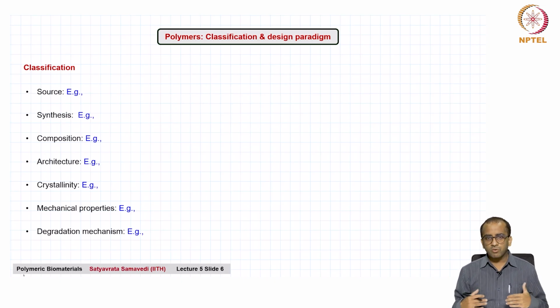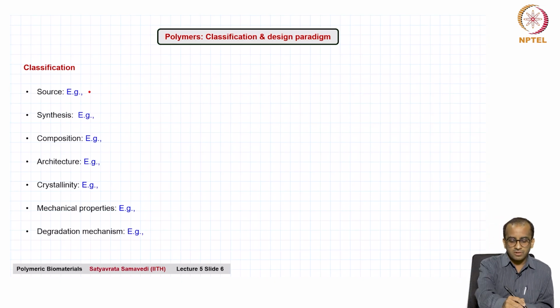So, I am just giving you a snapshot of the classification, and the idea here is that you are looking at polymers along different categories based on what is of interest to you. For example, if you take source, you can have synthetic or naturally derived.